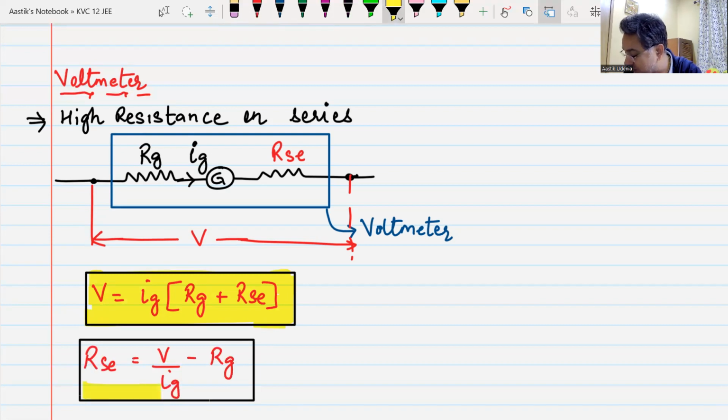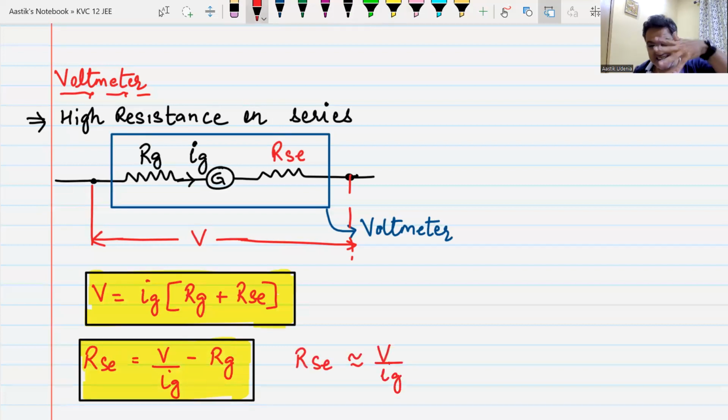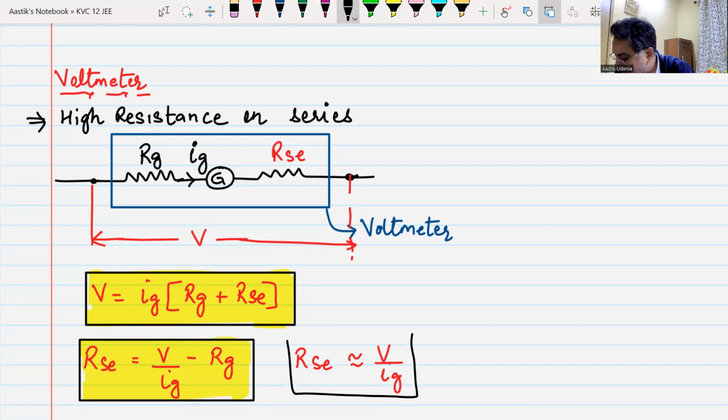First listen to me, then I will give you time to write. This becomes the exact formula, but you can write it in shortcut for approximate values. Approximately this will become equal to V divided by Ig, because Rg is very small. So this becomes an approximate formula.